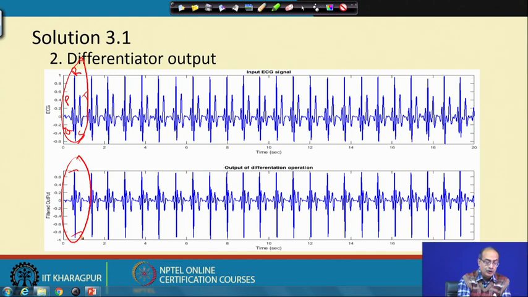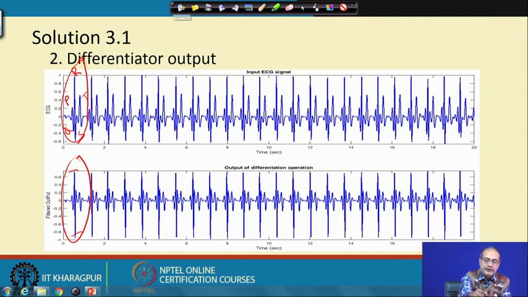But now, after the differentiation operation, the signal ranges from -1 to nearly +1. So, in that case we have to use a double threshold if we have to separate them out.